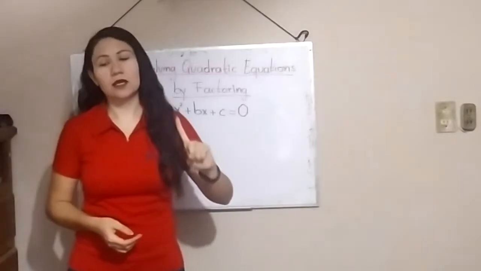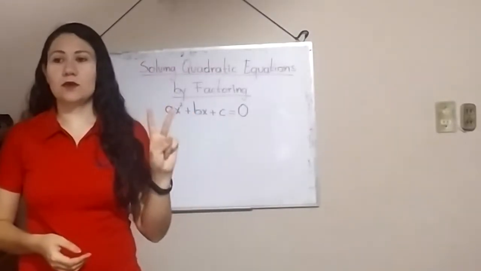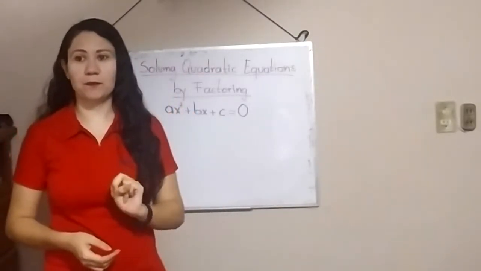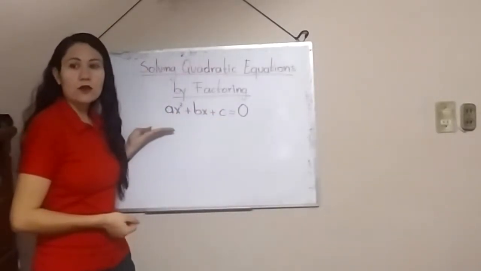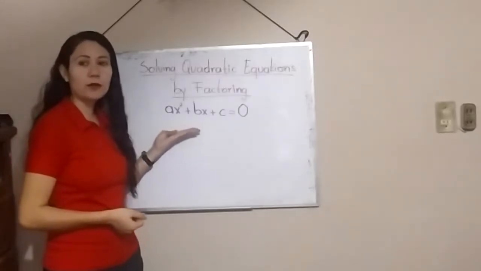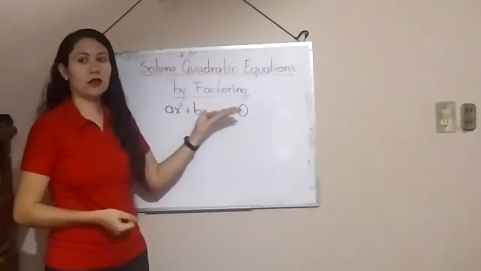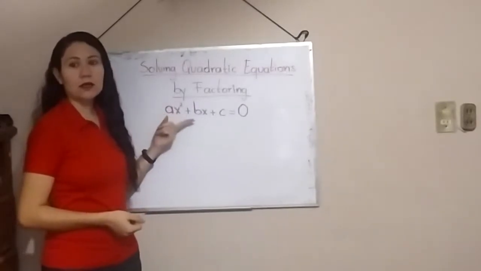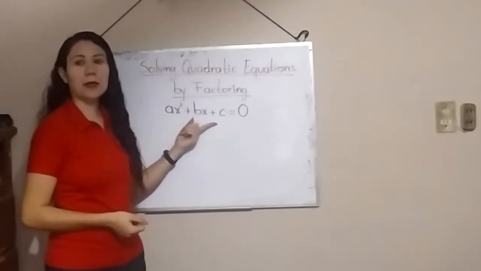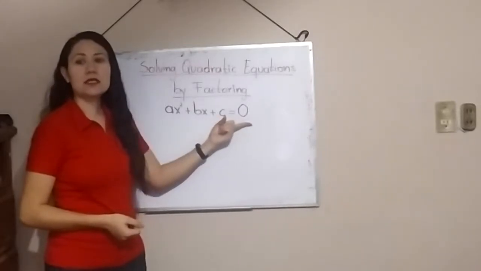One is factoring and the other one is the zero product property. But first, let's remember the standard form of any quadratic equation. We have ax squared plus bx plus c equals 0.